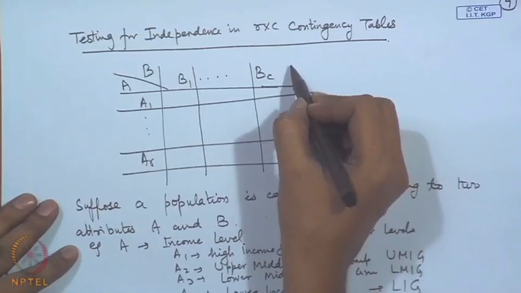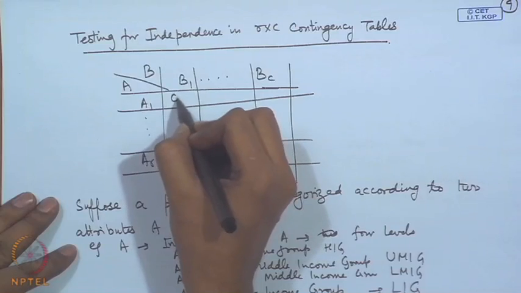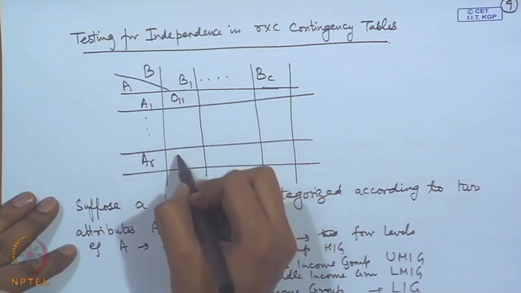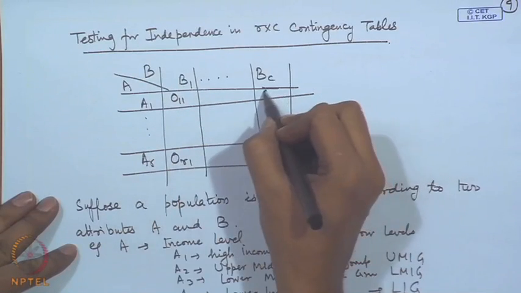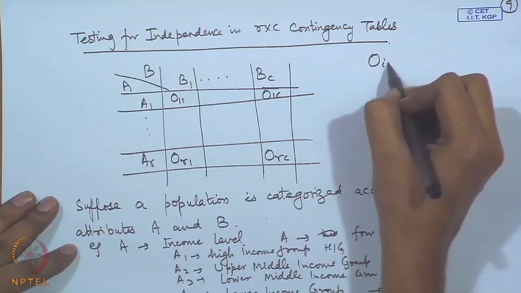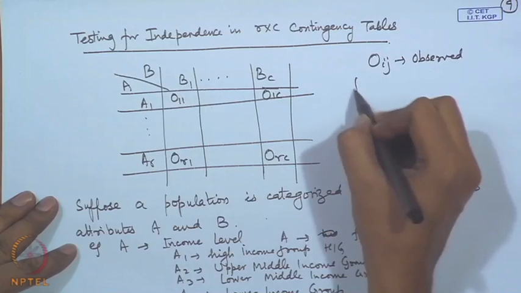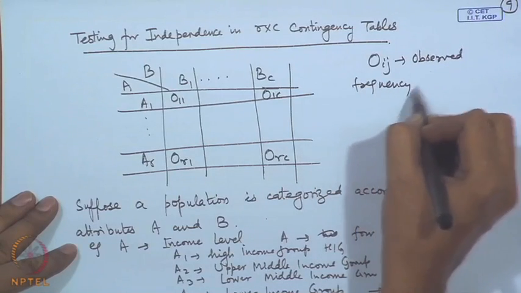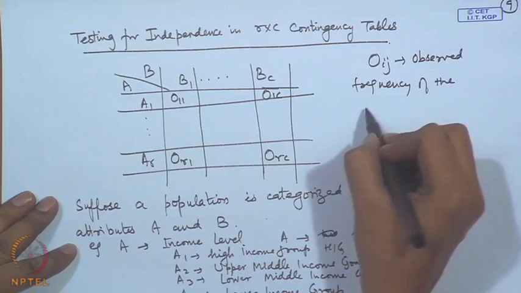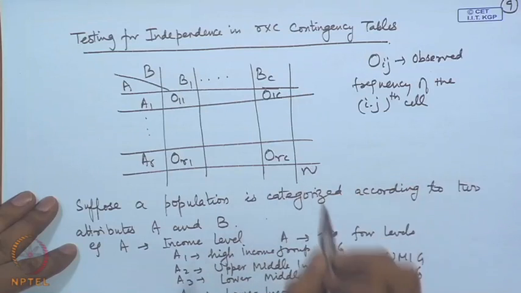Now, for this we can create the situation like this. I am making a general setup. You have observed frequencies, I will call O11, O12, OR1, O1C, ORC. These O_ij are the observed frequency of the ijth cell. So, this is n here.